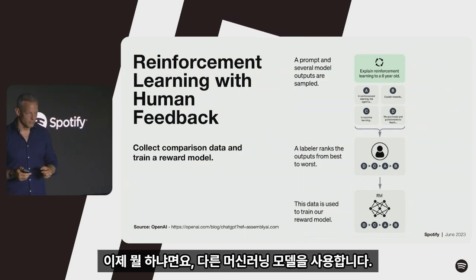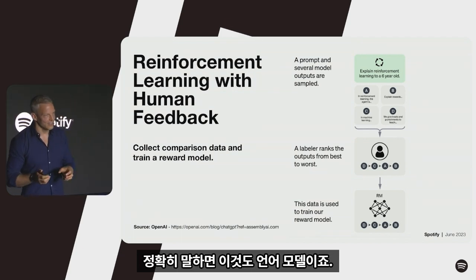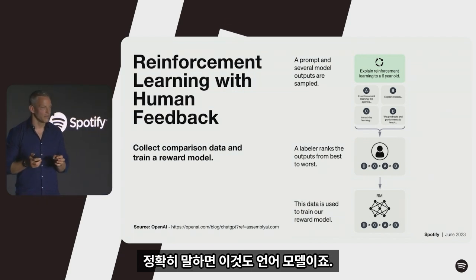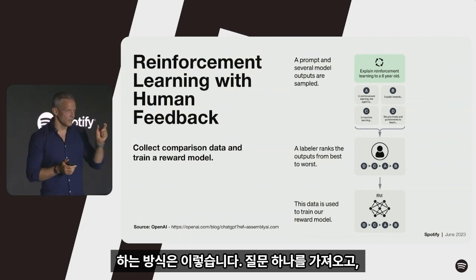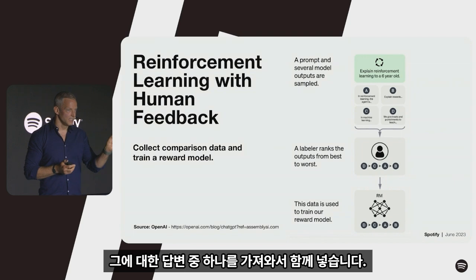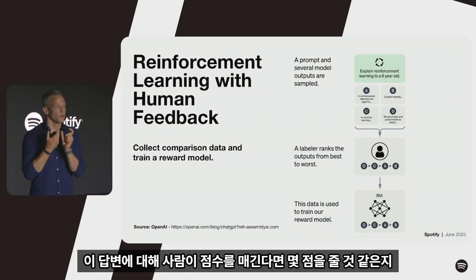And now what you do is you take another machine learning model, or actually technically also a language model, and you train it on a little bit of a different task. So what you do is you take the question that you had, and you take one of the answers that you had, you put them in together, and you ask the machine learning model to guess how would a human have scored it.